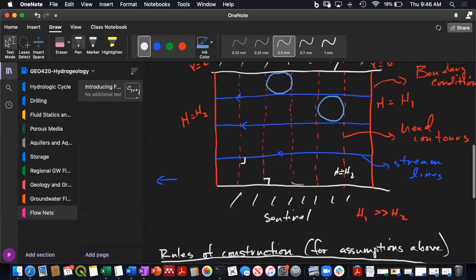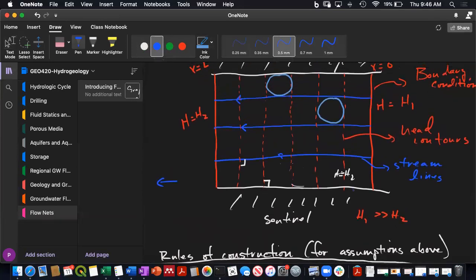This is an important distinction and one that needs to be made. When I say a no flow boundary, that means no flow across it. That doesn't mean no flow along it. It means no flow across it. So a no flow boundary means no flow across that boundary.